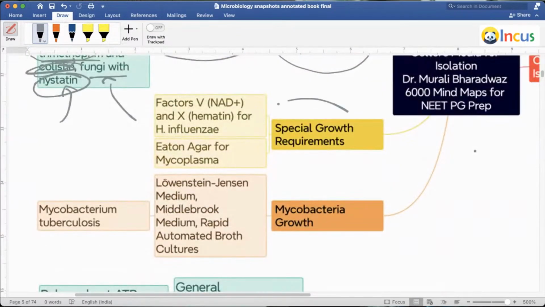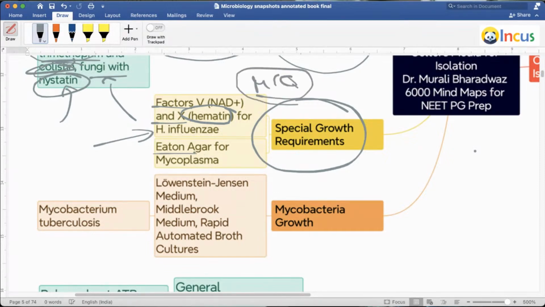Now, there are some special growth requirements. What is special? For H. influenzae, it produces factor V, NAD plus, and factor X, which is hematin. Don't forget, one of the favorite MCQs of the examiner, doctor. Eaton agar is for Mycoplasma.